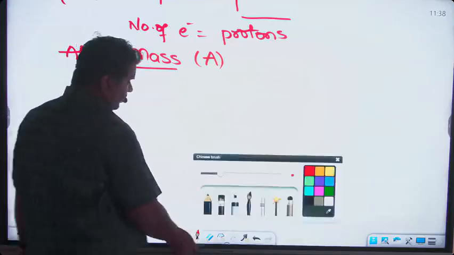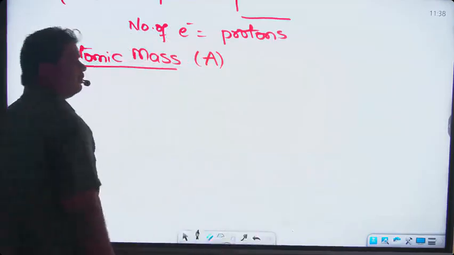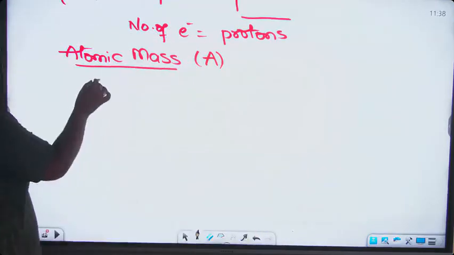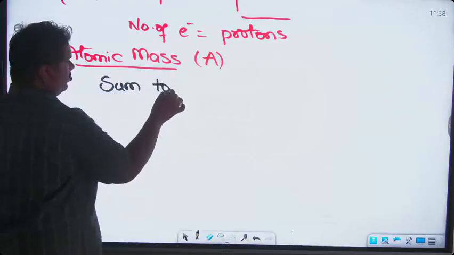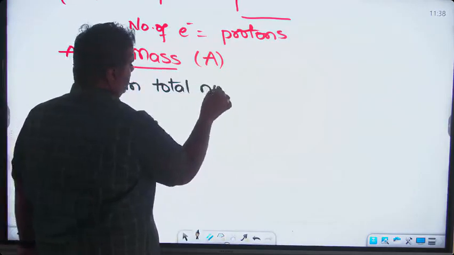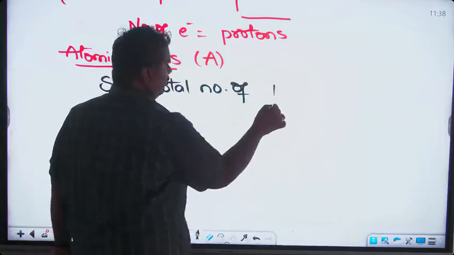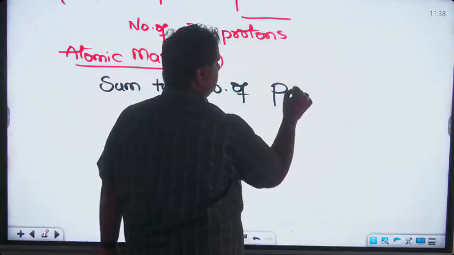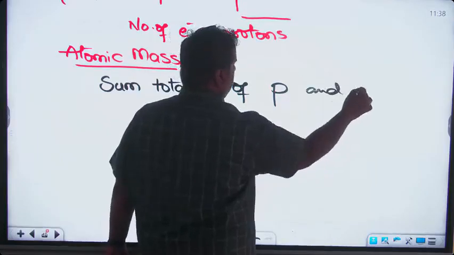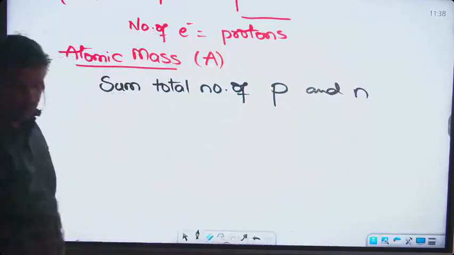Now how do we define this atomic mass అని అంటే, atomic mass is the sum total number of protons and neutrons. The sum total number of protons and neutrons.